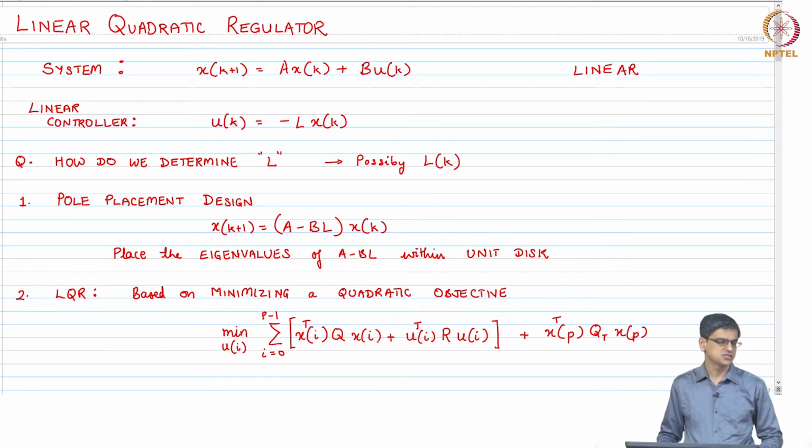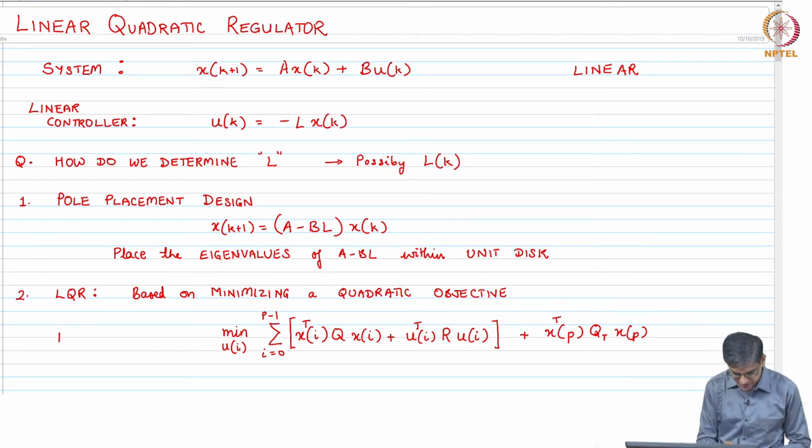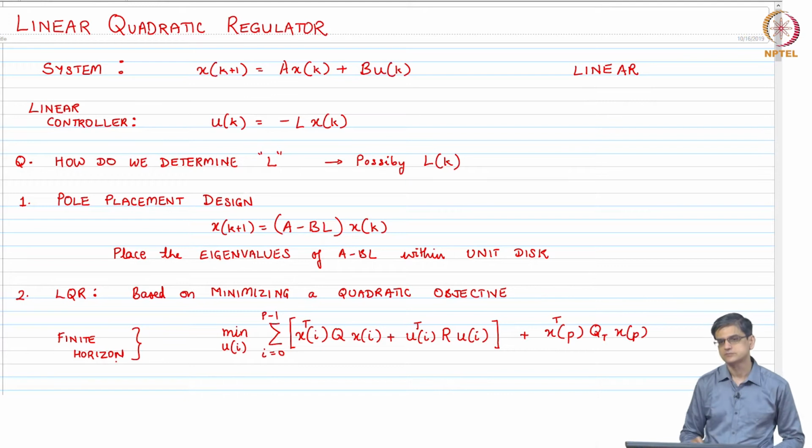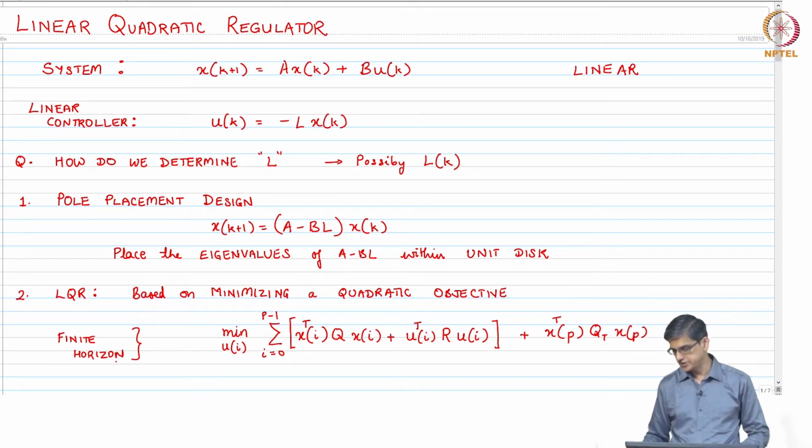If P is equal to infinity, then you do not have this last term, and instead you have i equal to 0 to infinity, and that is called an infinite horizon objective. Okay. So, this is a finite horizon objective. An infinite horizon would be if P tends to infinity.